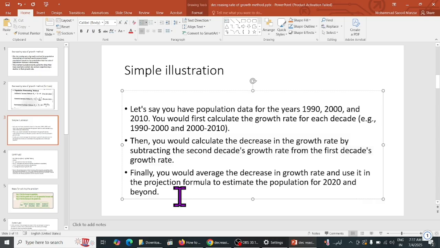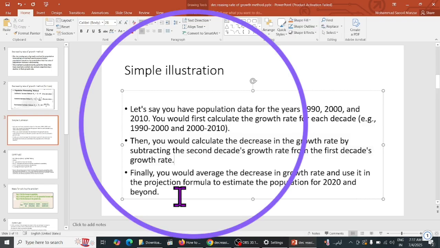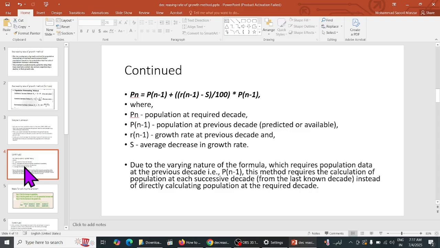For example, you are finding the population for 2030, 40, 50. Now if you see, we have a formula here.